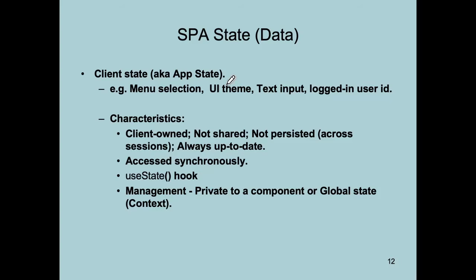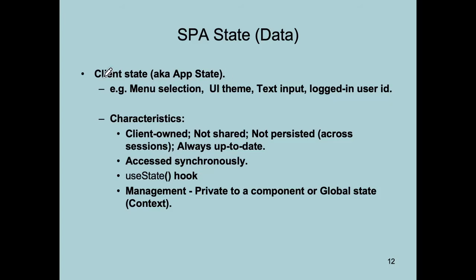So client state data tends to be private to a particular instance of your React app. And each instance of your React app running in different browsers would have its own values for client state. And they never need to share those values with any other client instance running on another browser.